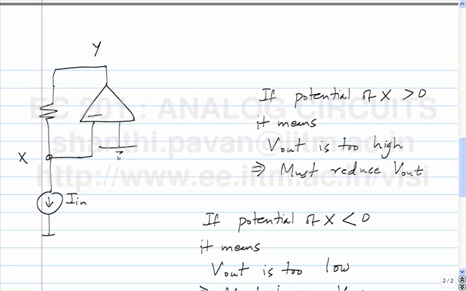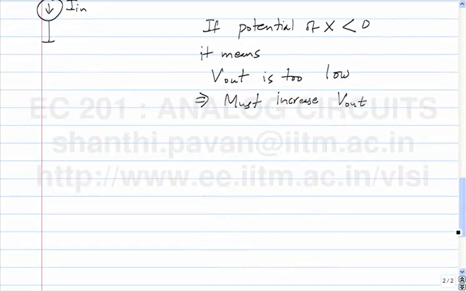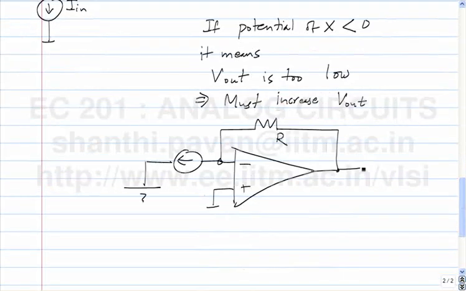The X must go to the negative terminal of the op-amp, the inverting terminal. The non-inverting terminal of the op-amp must go to ground. You understand? Now if I redraw it in a slightly different way, this is the voltage controlled current source.